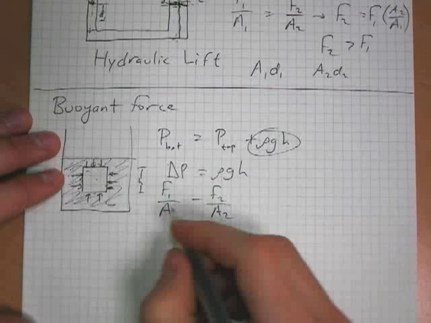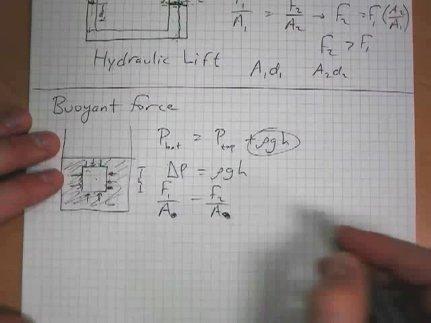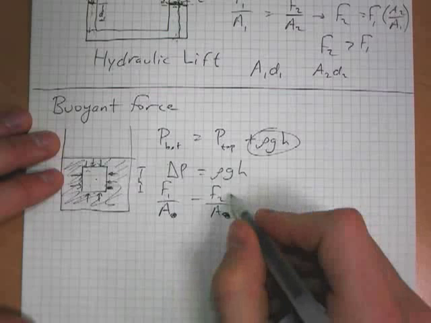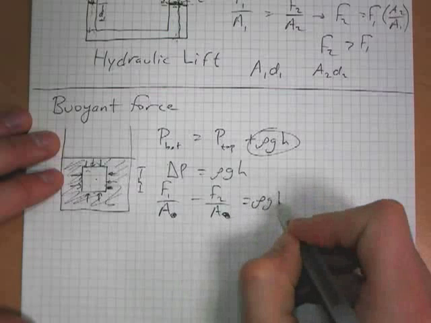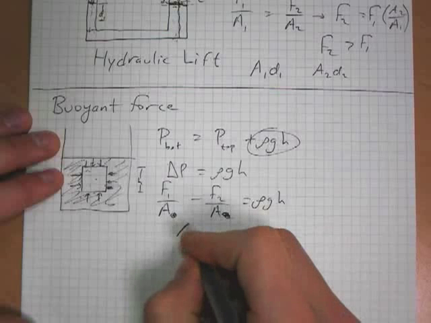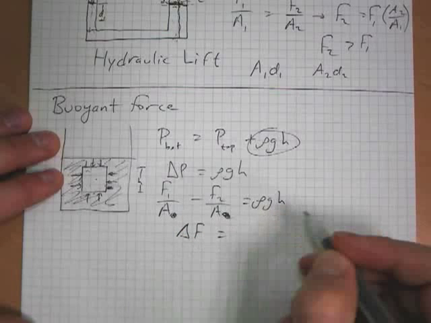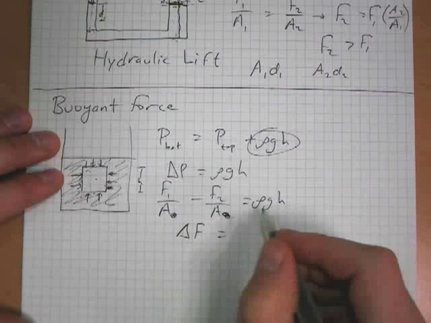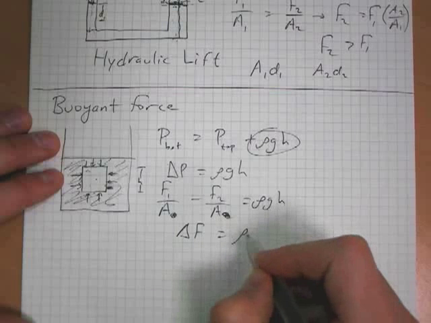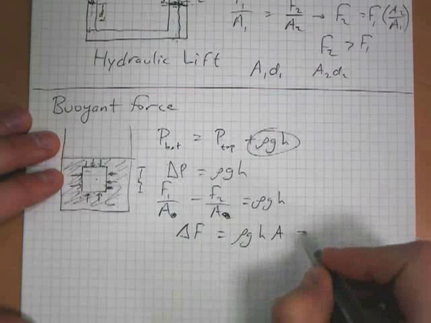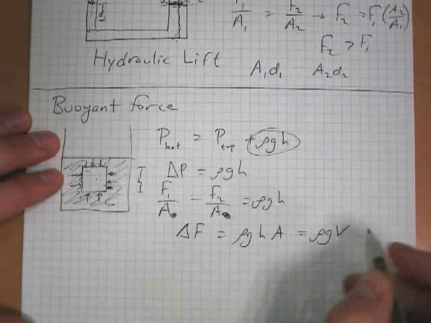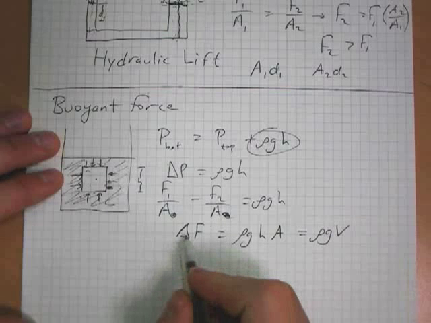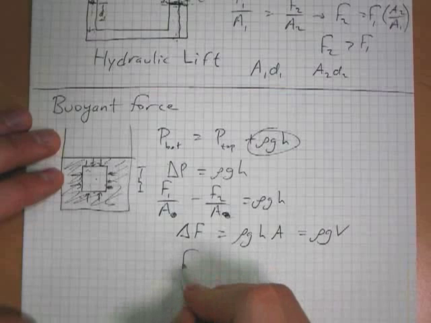Oh, and we've got our prism, so these areas are equal. And if we set that equal to rho g h, we multiply the area over the other side, and then we have the difference in force between top and bottom is rho g h times A, which is rho g V. So this is the difference in force between the top and the bottom. We call this the buoyant force.